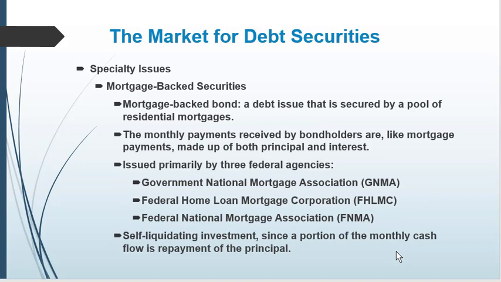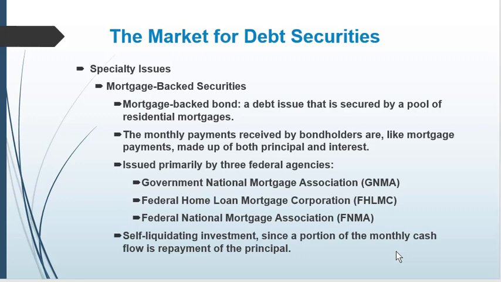Another specialty issue is something referred to as a mortgage-backed security. This is a security that is backed by a specific kind of asset, a residential mortgage. So the monthly payments that the homeowner pays, right? Part of that is principal and part of that is interest.